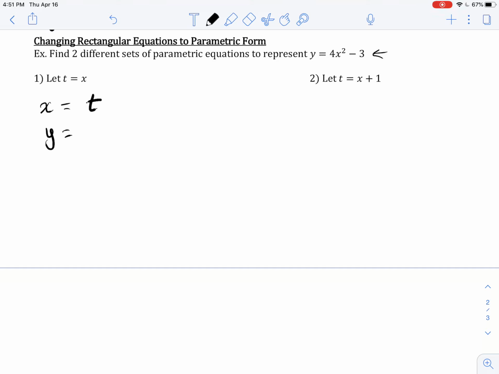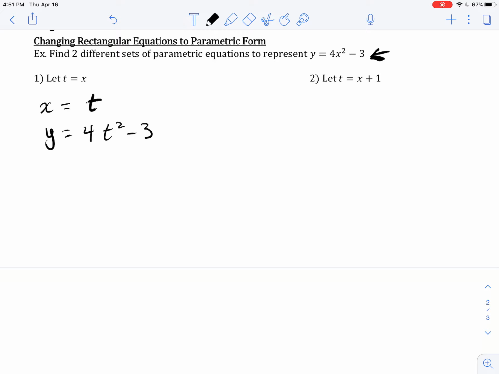If that's the case, what does y have to be? Using the same rectangular equation that we have up here, y is going to be equal to 4 times x squared. But if x is just t, then we can say let y be equal to 4t squared minus 3. And yes, it can be that easy.